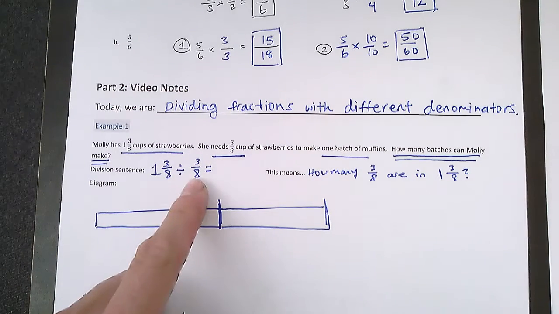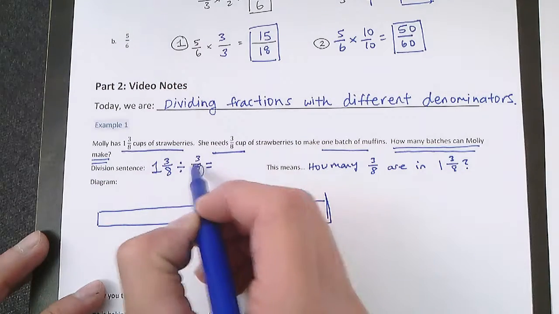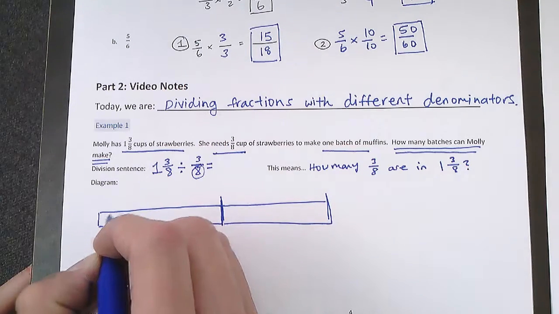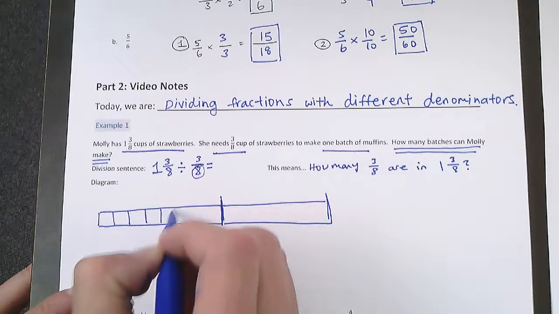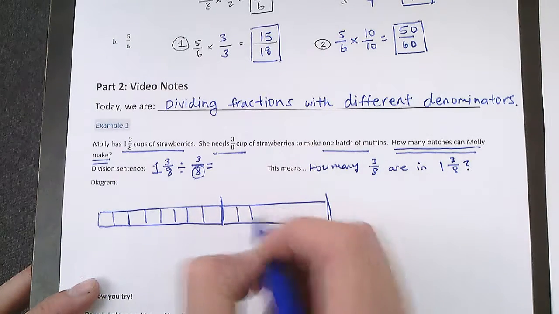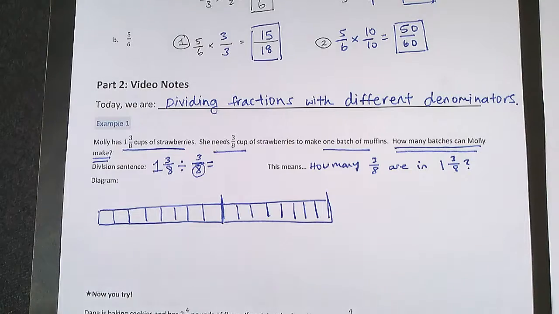We know we're dividing it into sections that are 3/8, so we know we want 8ths. Let's divide these into 8ths by drawing 7 lines: 1, 2, 3, 4, 5, 6, 7. Here's 8 eighths. And then 1, 2, 3, 4, 5, 6, 7. There's another set of 8ths.